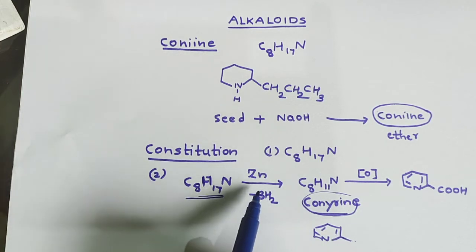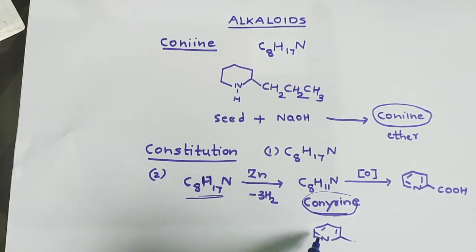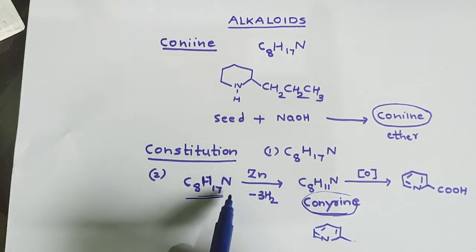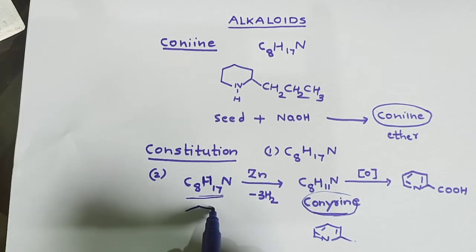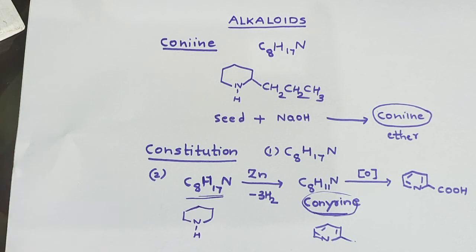By loss of hydrogen, double bonds are formed. So it can be confirmed that this molecule has a piperidine nucleus with a side chain at the second position. Let us see what that side chain is later.